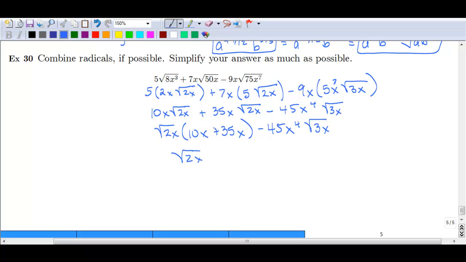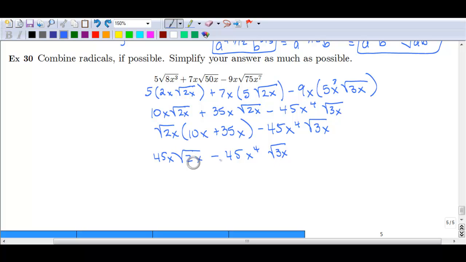Finally, 10x and 35x can be added together, so we've got the square root of 2x. We'll move that 45x to the front, and then we've got a minus 45x to the 4th and a square root of 3x. One last thing you could do if you wanted to, depending on what answer you're looking for, it might be that you want to leave these terms separate, and that's fine.